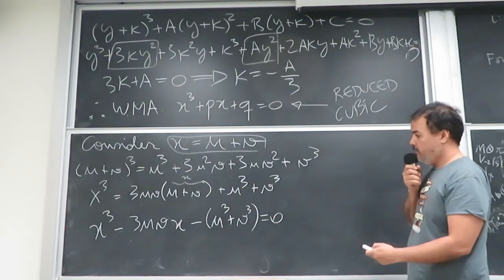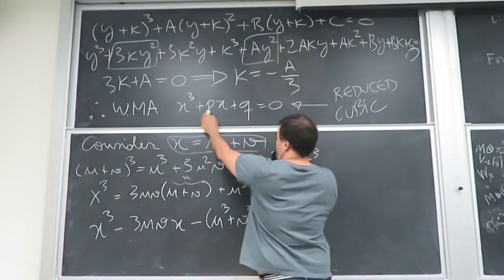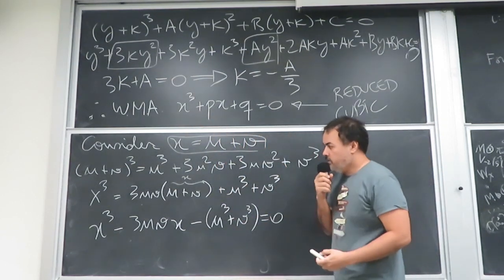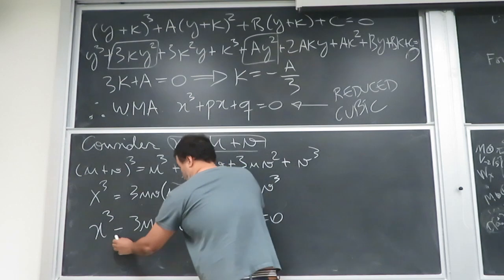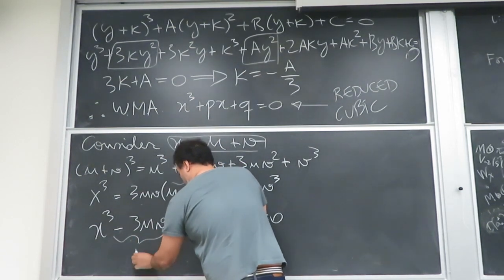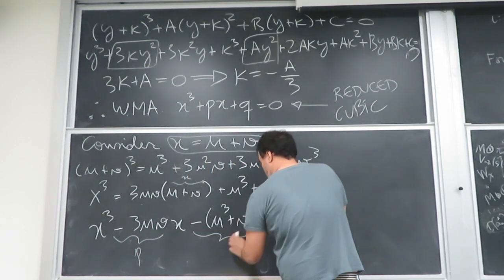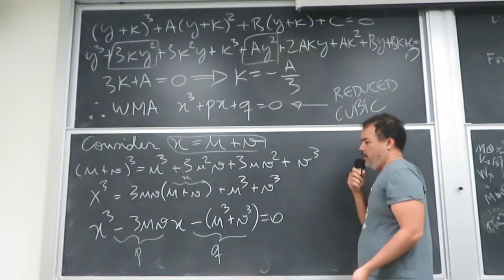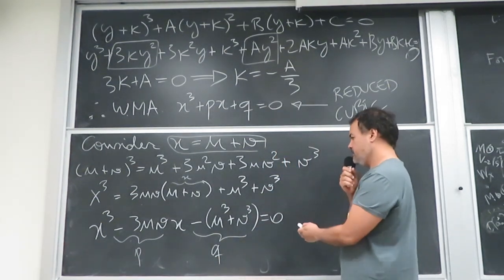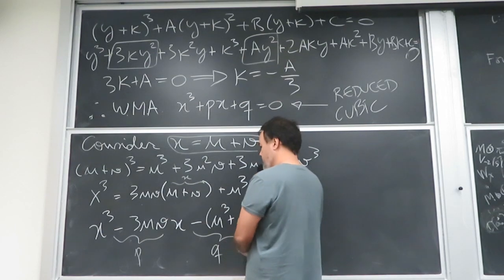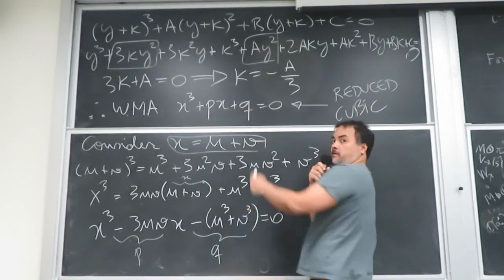Okay, this is very close to the general equation that we have here. So we want this to be p and want this to be q. And if we can solve this, we can come back and solve this one.